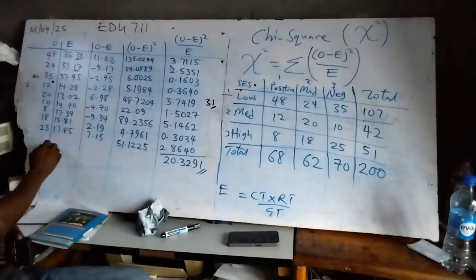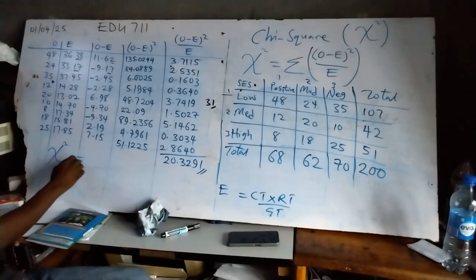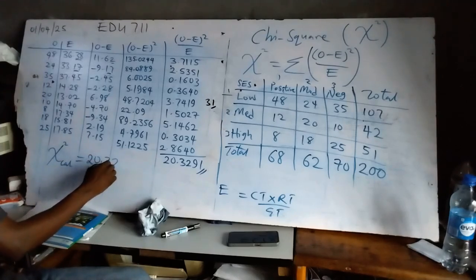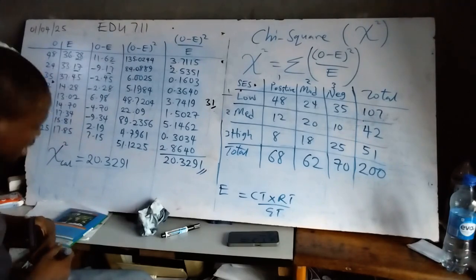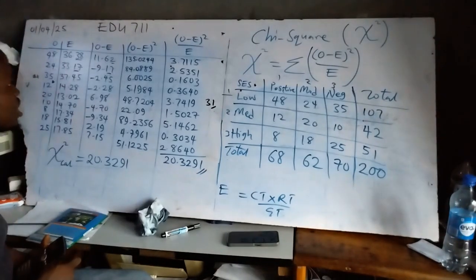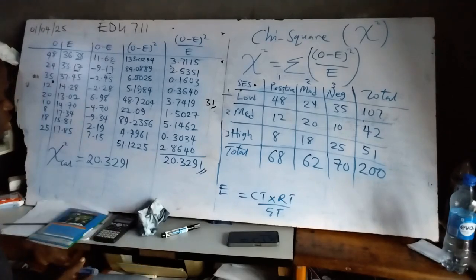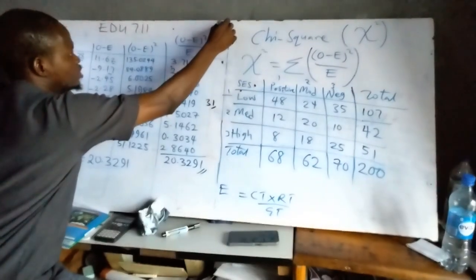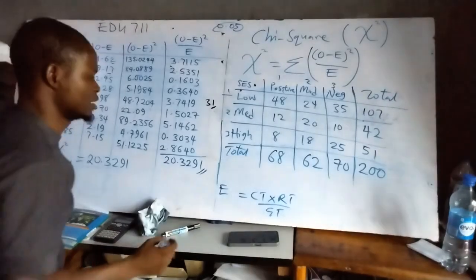So our chi-square calculated is equal to 20.3291. So to now get our chi-square critical, we need our significance level, which is usually 0.05 as said in previous lessons.